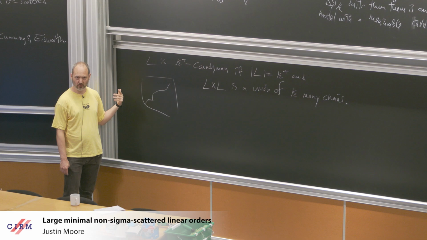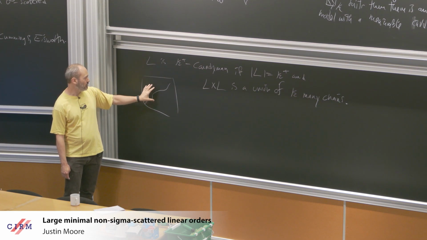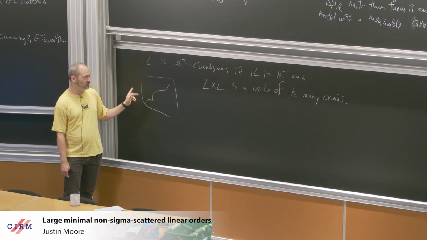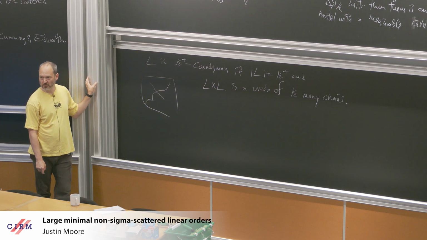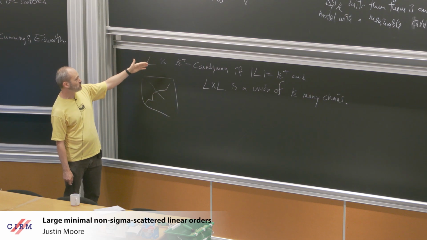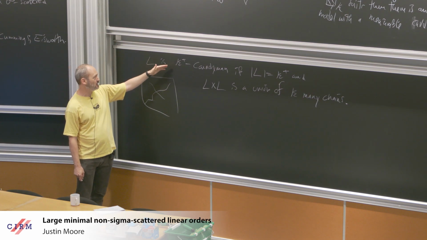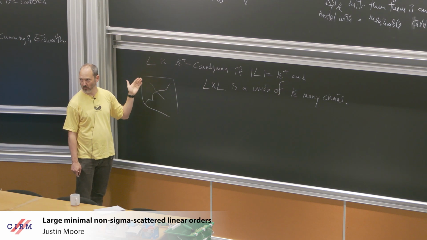There's no uncountable linear order that embeds into both, because if you look at embeddings F and G into L and its reverse, then the range of the product function F cross G is going to be a strictly decreasing partial function, which must intersect each of those chains in a singleton. And so kappa plus Countryman lines have the property that if you look at L and its reverse, there's no order of size kappa plus that embeds into both of them.